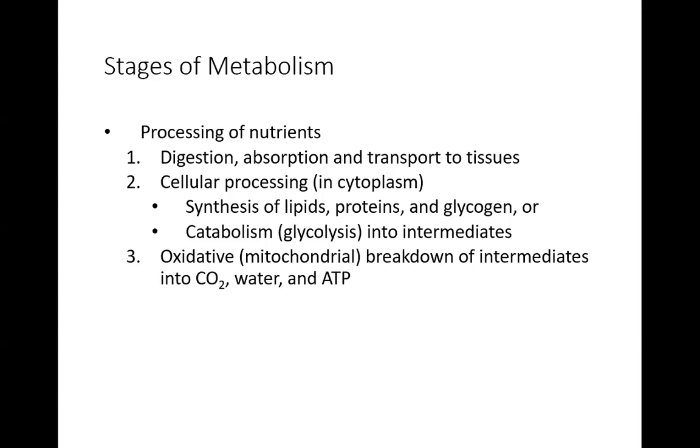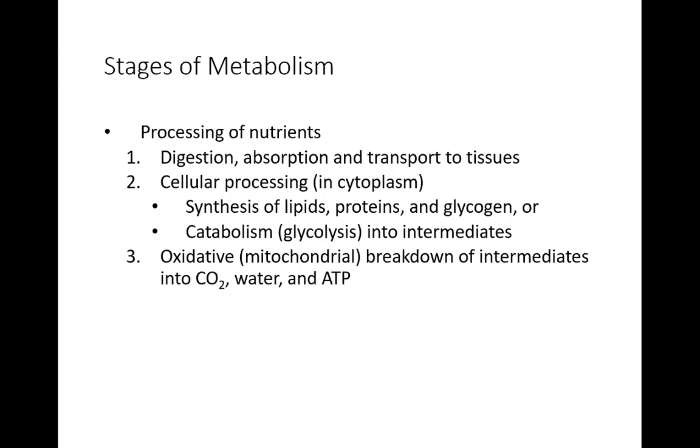Once we get to the cells, now we can start working on what we've got. And we can put fats back together again. We can make proteins in the cell. We can make glycogen in the cell. We can store excess sugar in the form of glycogen. Or we can break down the glucose that we've got and release energy. There's a whole lot of things we can do inside the cell. We can use the energy to make proteins.